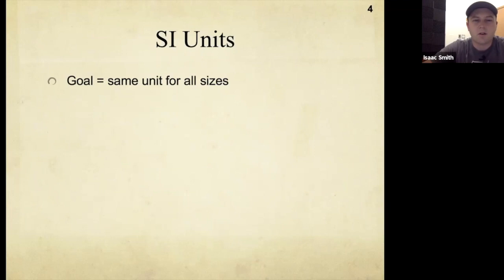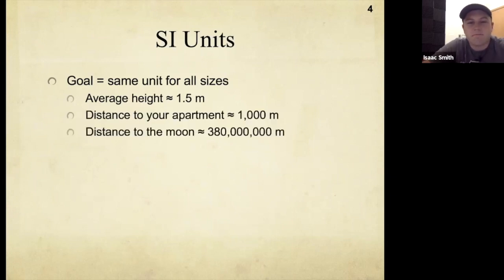The goal, and it would be really nice, is if we could just use the same unit for everything, right? But here we're going to look at some different measurements and see why sometimes that poses a problem. So the average height of a person is like 1.5 meters.